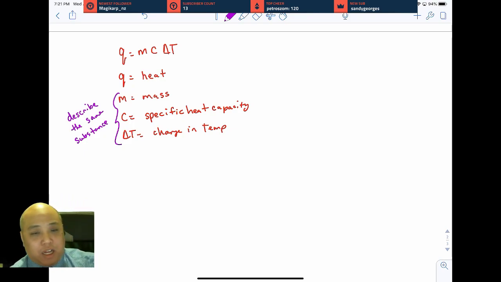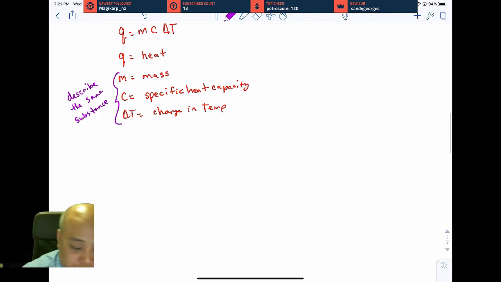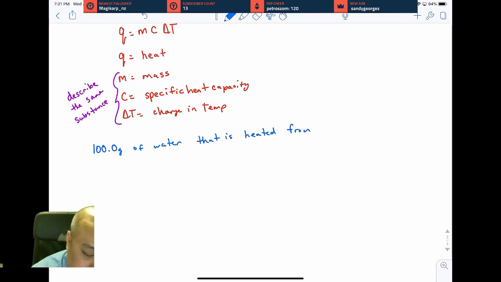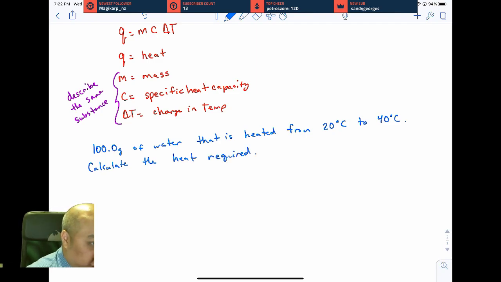And so if you want to figure out something, let's say you have 100 grams of water that is heated from 20 degrees Celsius to 40 degrees Celsius. Calculate the heat required. Okay.